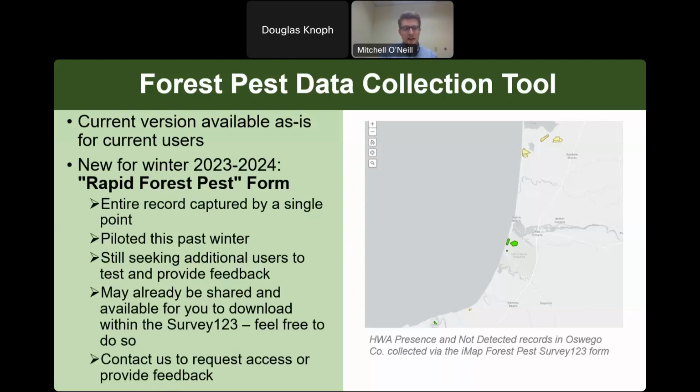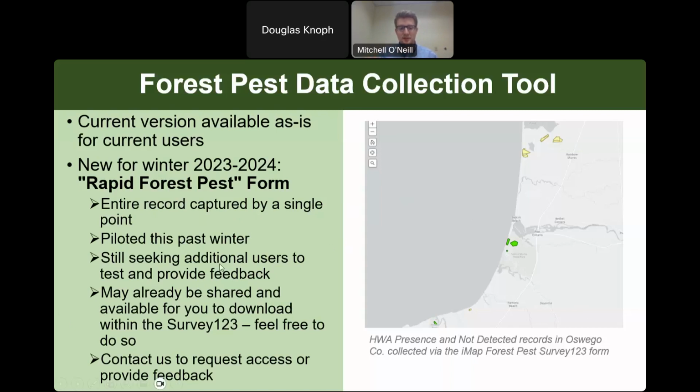But I also wanted to highlight a new version of the form called Rapid Forest Pest. It's basically just re-envisioned as point-based data collection. This is new as of the past few months, piloted for this past winter. So basically you capture a single point and that encapsulates your entire record.